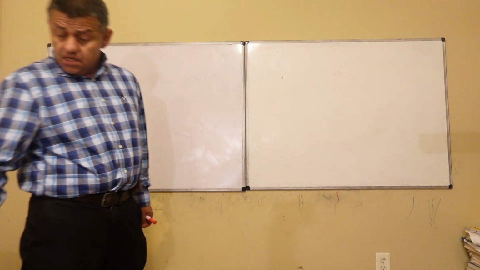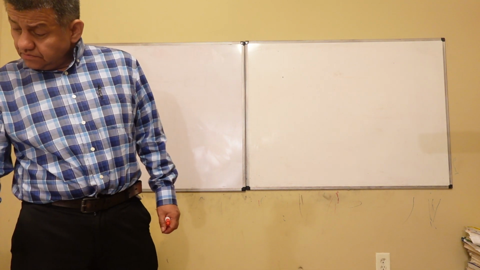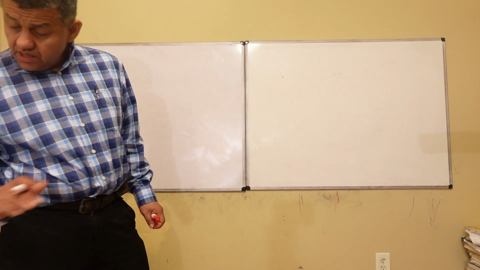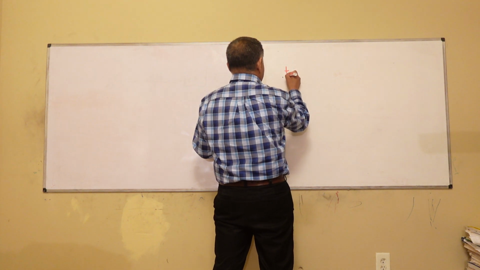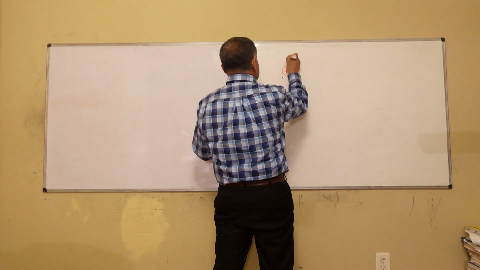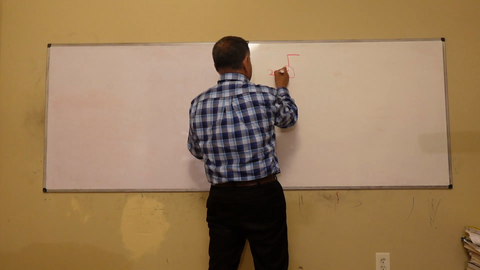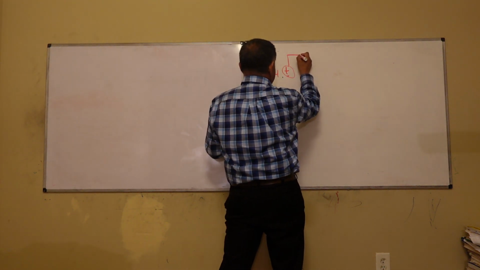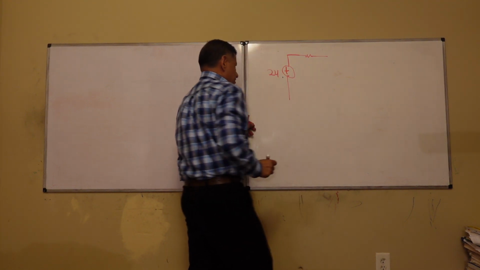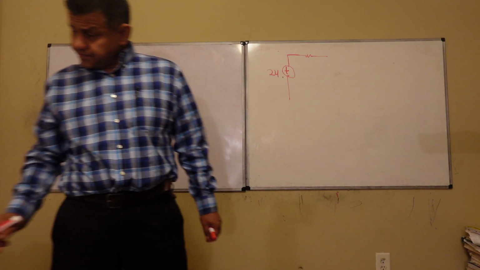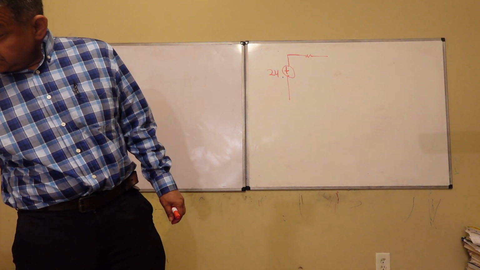So the figure is like this. So we got 24 volts, and we have a resistor, and then connected to that resistor we had an inductor.